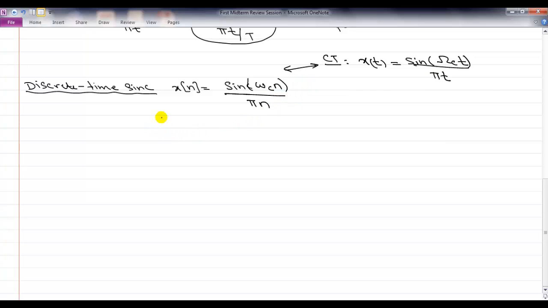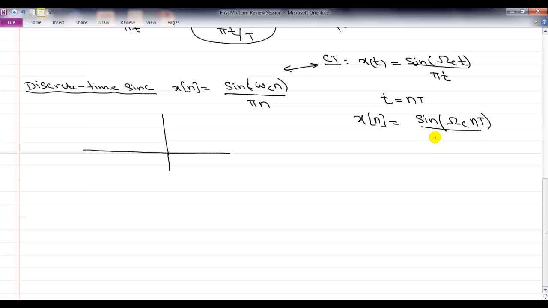Now if you plot it, it turns out that the discrete time sinc is nothing but samples of your continuous time sinc. So let's say I was doing sampling of this by t equal to nT. Then I get x[n] equal to sine of omega c nT over pi nT.